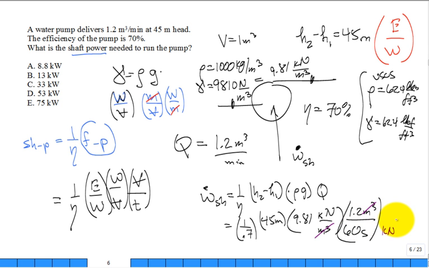Well, just get rid of the kilo on there. The newton times a meter is a joule. And a joule per second is a watt. And what did that come in at? 12.6 kilowatts, which is B.